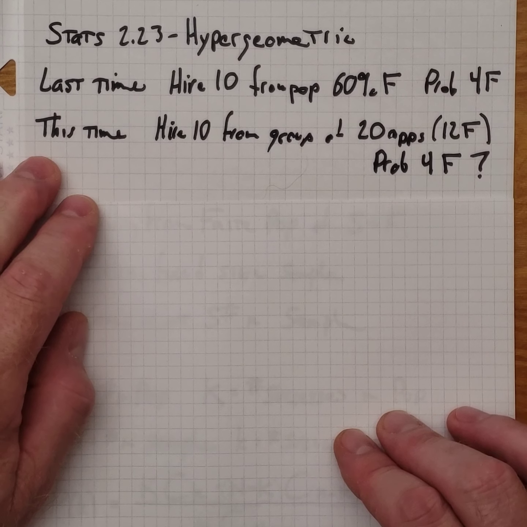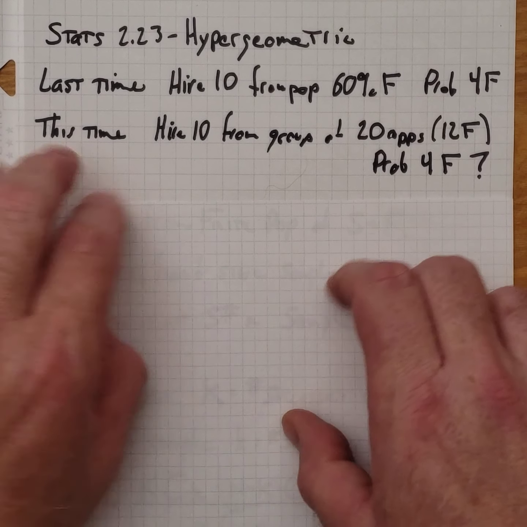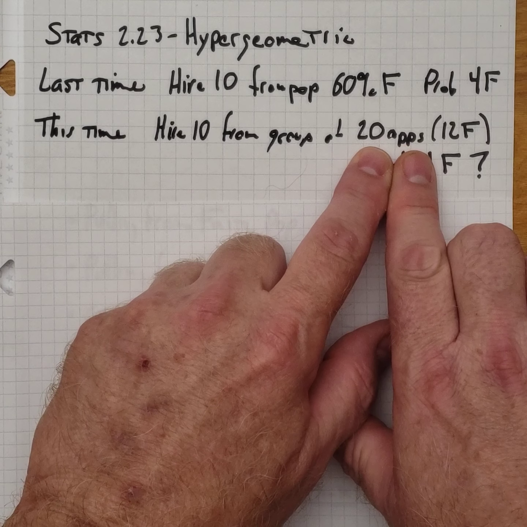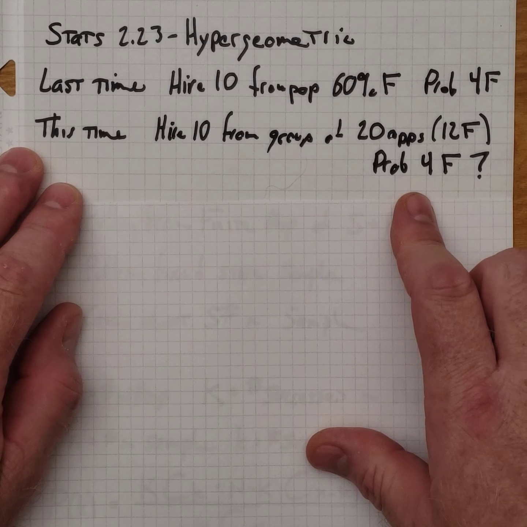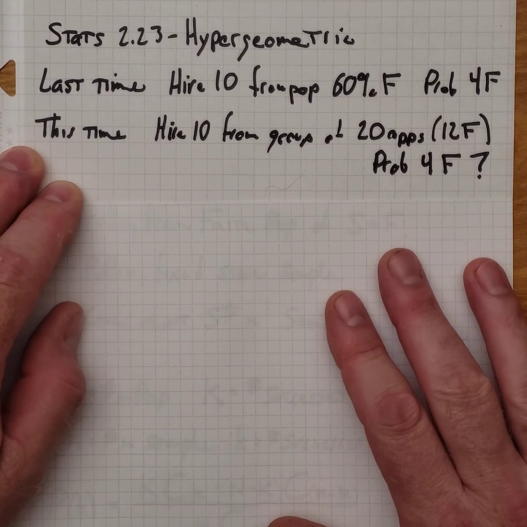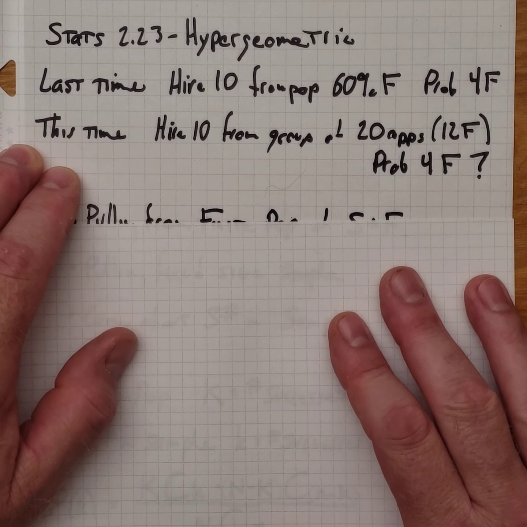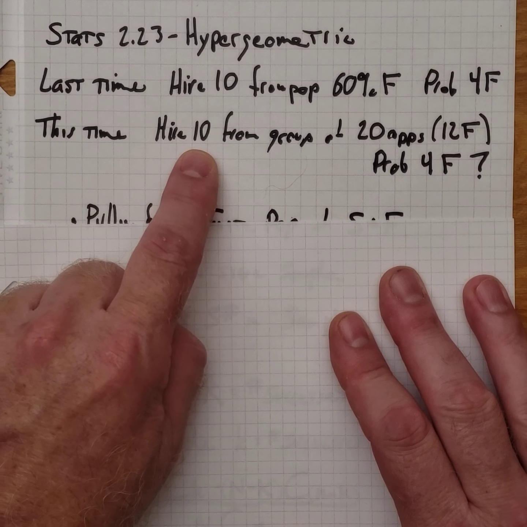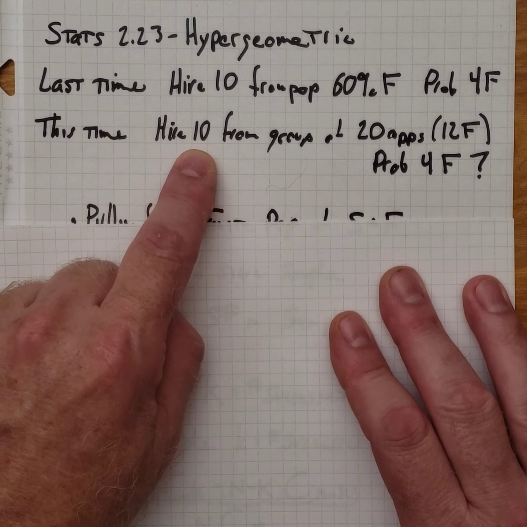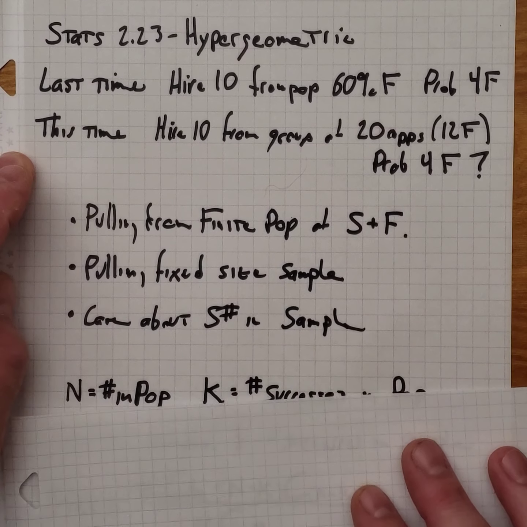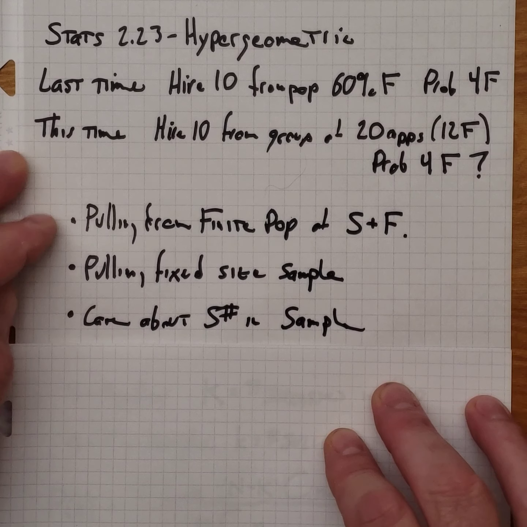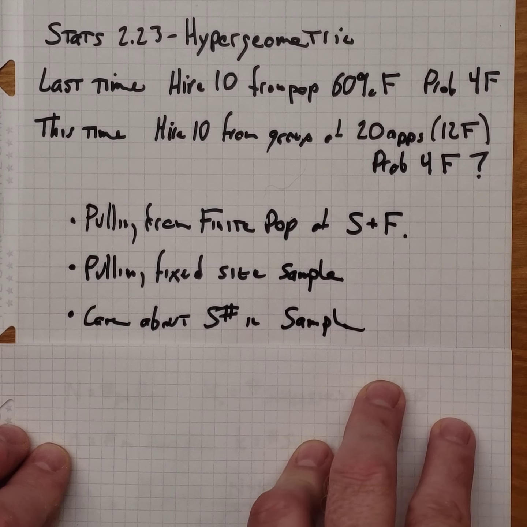The characteristics of this situation are that we're starting with a finite population. That's different from here. That the population is made up of successes and failures. We're going to pick a fixed number from the population, and we care how many of them are going to be successes and also how many are going to be failures. And again, I feel I need to disclaim this every time.